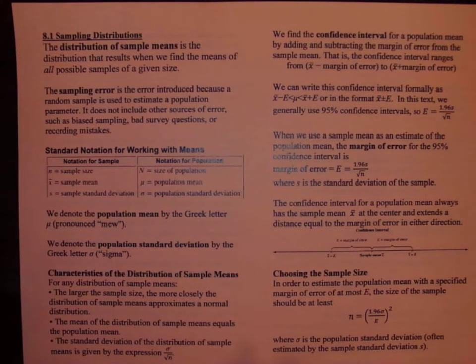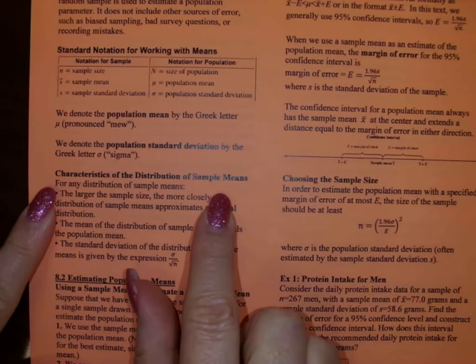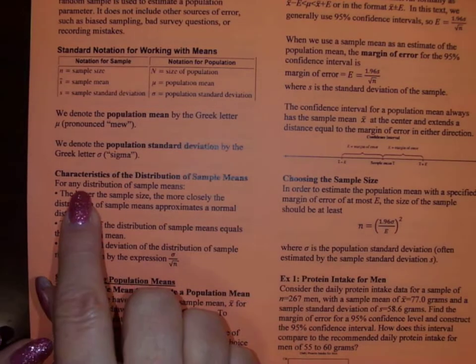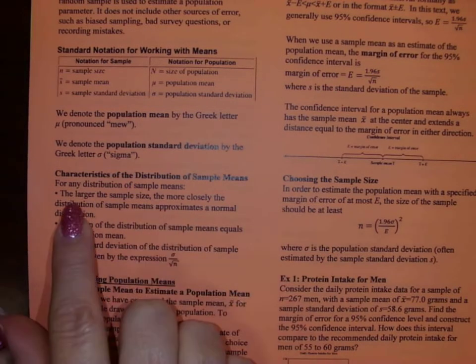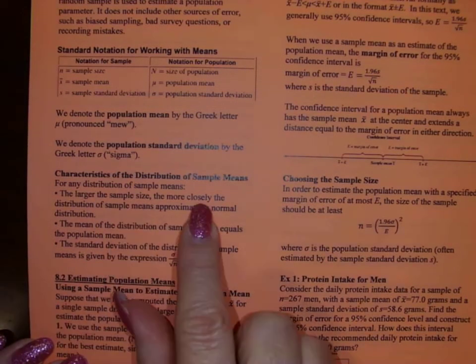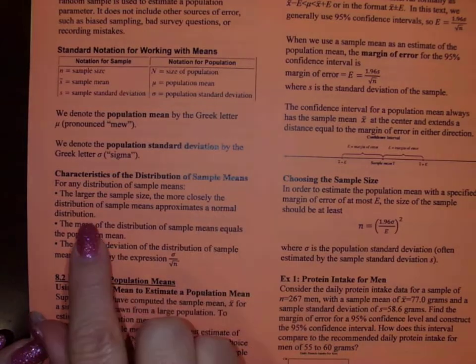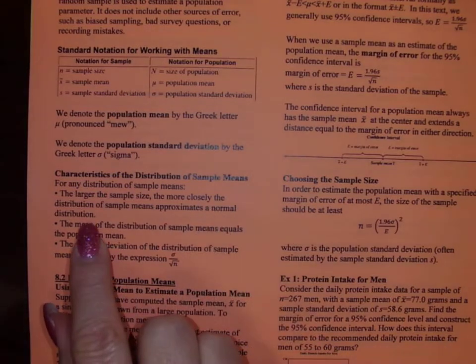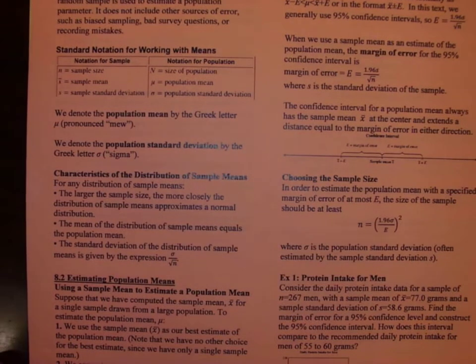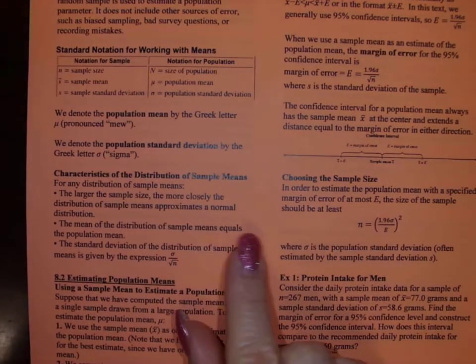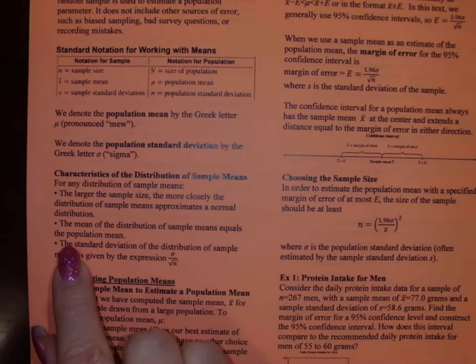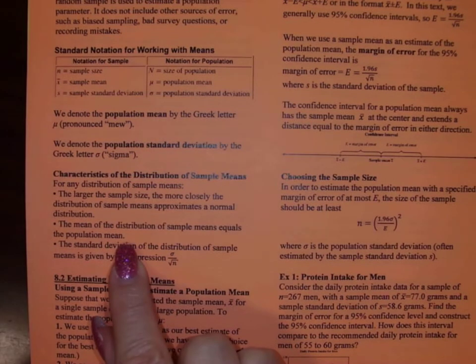All right, there are some characteristics of the distribution of the sample means. For any distribution of sample means, the larger the sample size, the more closely the distribution of the sample mean approximates a normal distribution. And the mean of the distribution of the sample means equals the population mean.